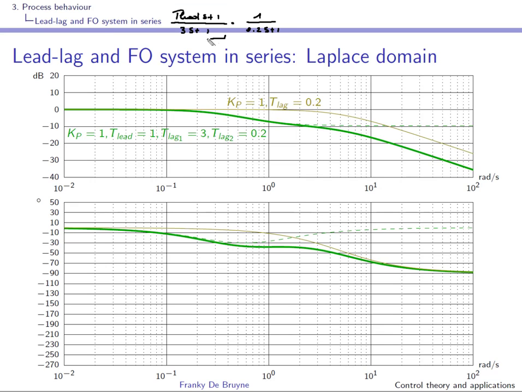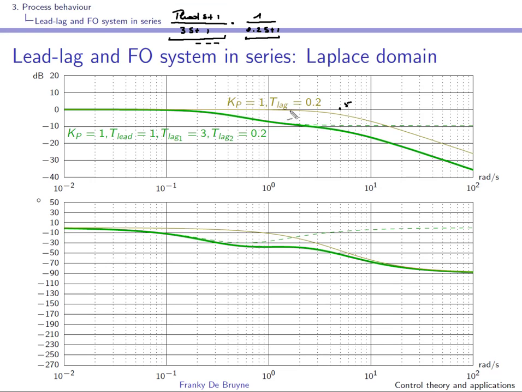We have been obtaining the frequency response for this system previously, and here it will be shown in dashed lines. The frequency response of this first order system is shown here in olive, and it has this first order behavior around 5 radians per second.